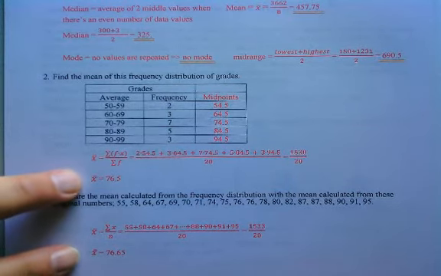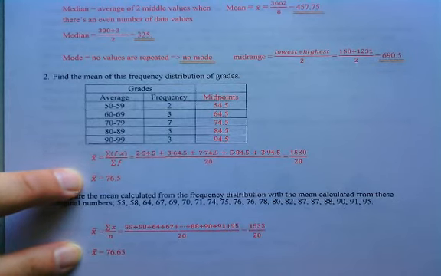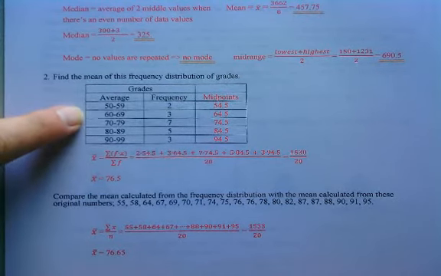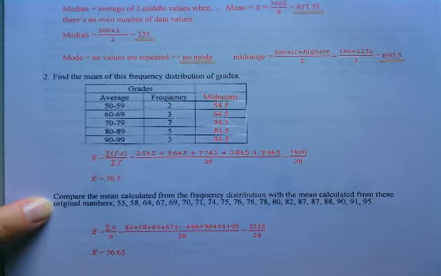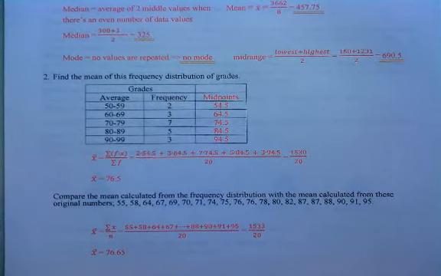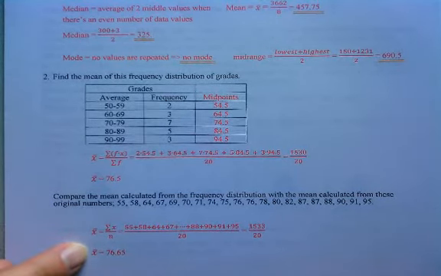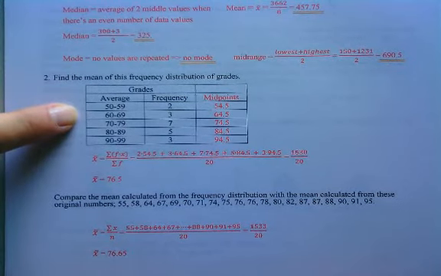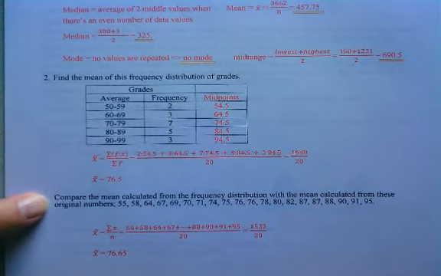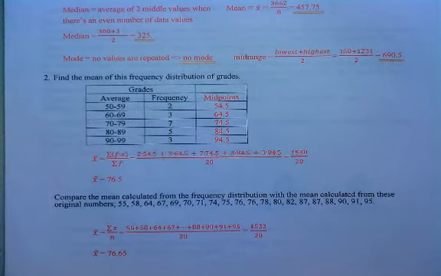And what I think is really interesting is just how close these two values are, despite the fact that a frequency distribution doesn't have all the details, doesn't have all the information that the original list would have had. So in one sense, it is better to have the individual numbers, but even if all you've got is a frequency distribution, which is a heck of a lot easier to look at than just a list of numbers, and this is only 20.